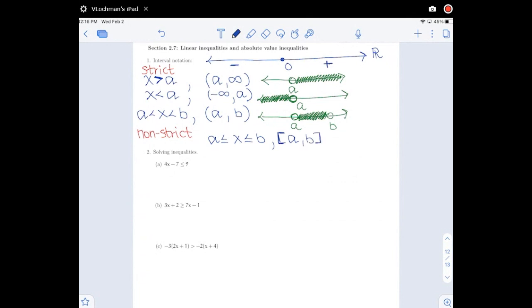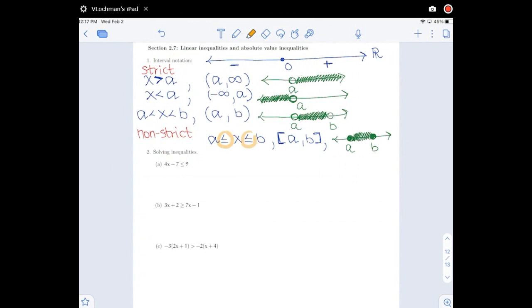A to B with square brackets. On the real line, we would highlight, or you would shade, right, these points A and B to indicate that the endpoints are also part of the solution.